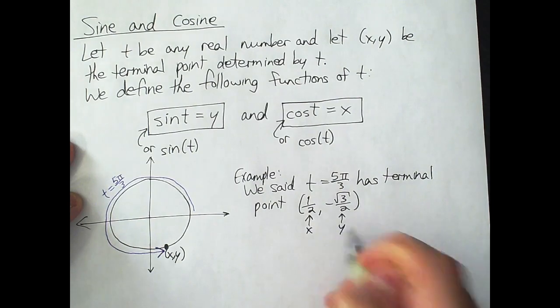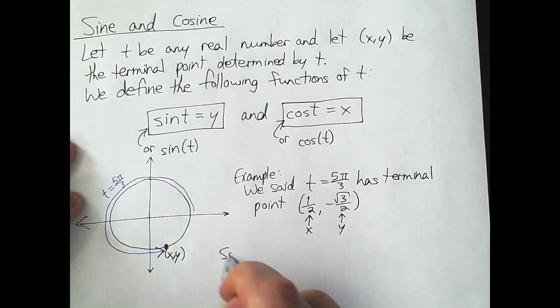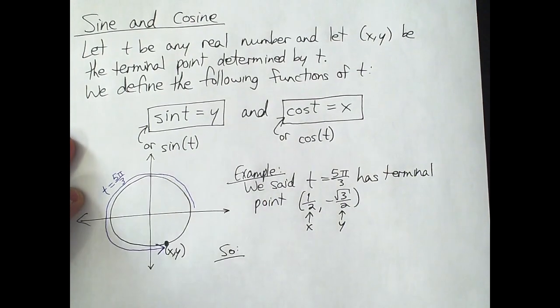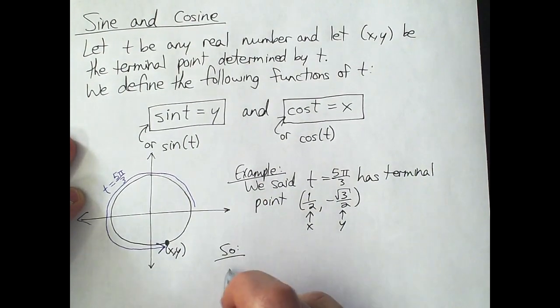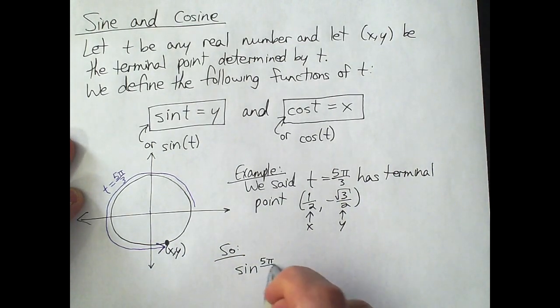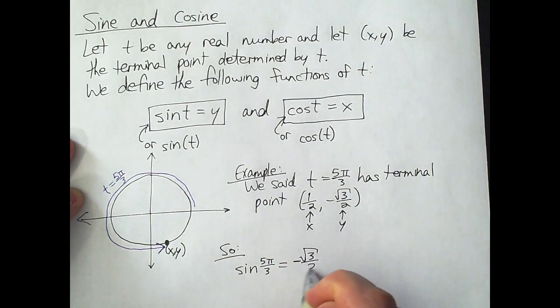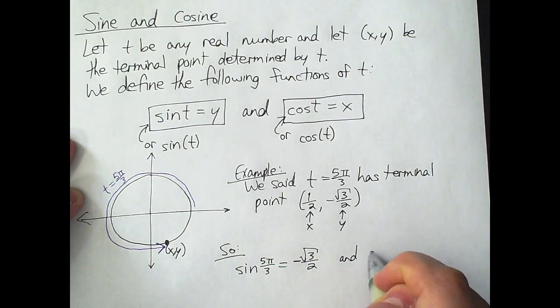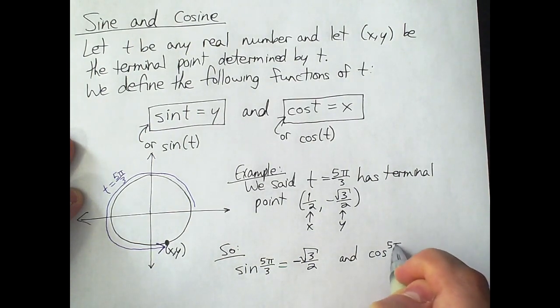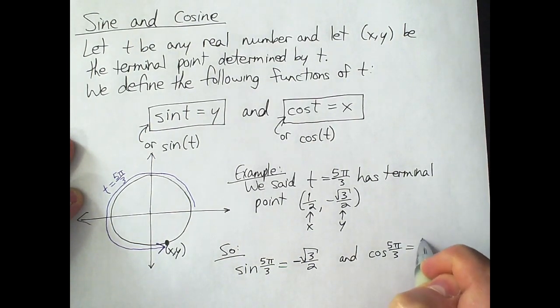There's x, there's y. So in the context of these new definitions, this means that sine of 5 pi over 3 is equal to negative square root of 3 over 2. And cosine of 5 pi over 3 is equal to 1/2.